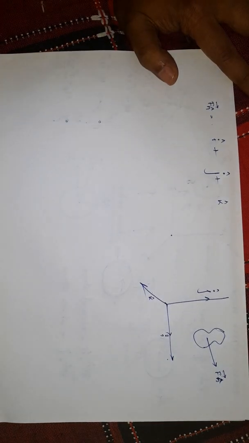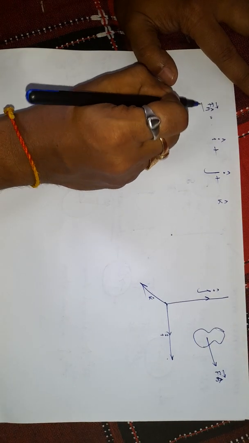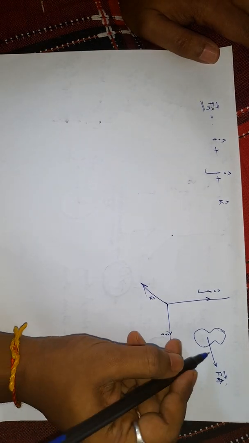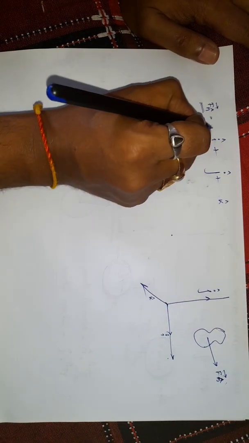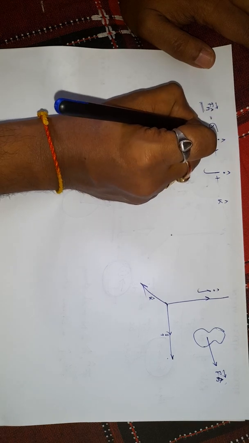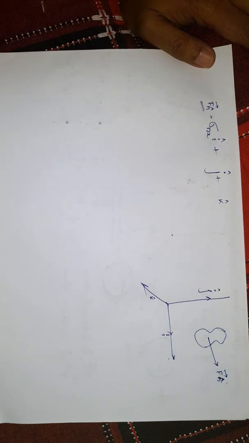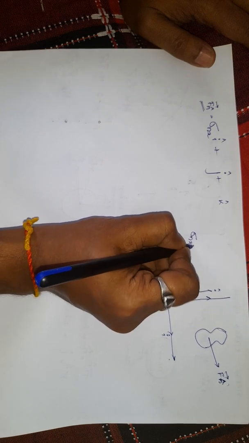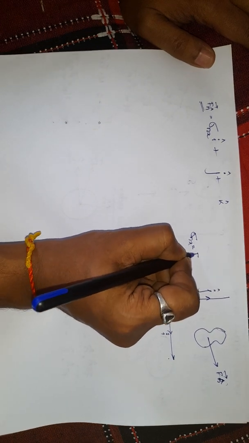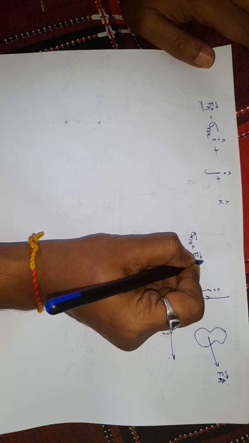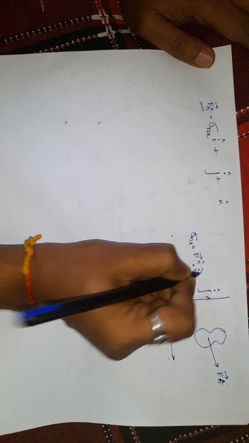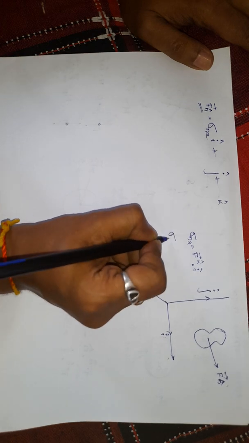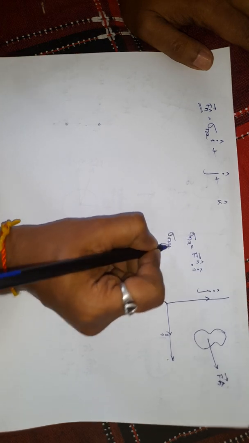Now the component of this F vector or this stress vector along the x-axis, we denote it by the symbol sigma nx. So what is sigma nx? Sigma nx is nothing but the component of stress vector along the x-axis. So mathematically we can write like this. Similarly, what will be our sigma ny?